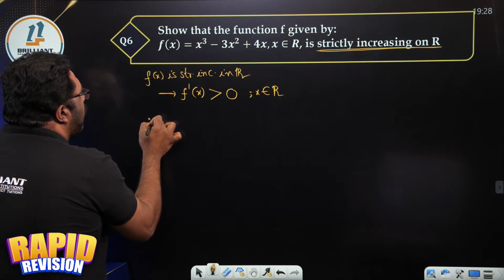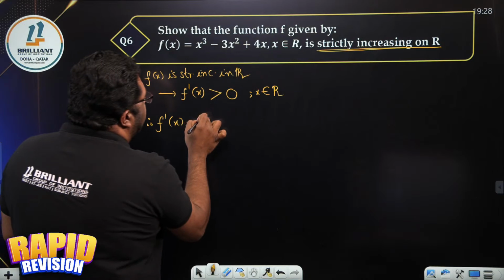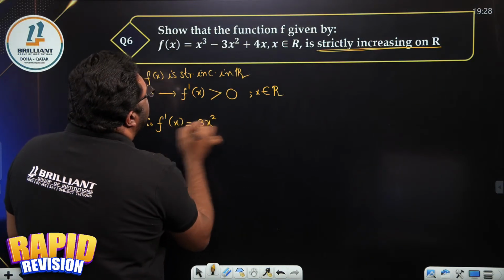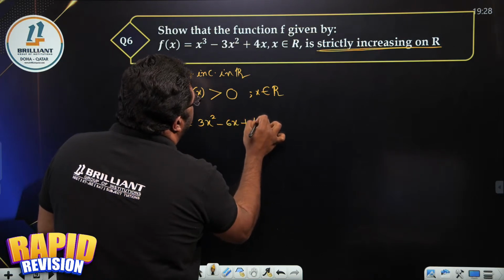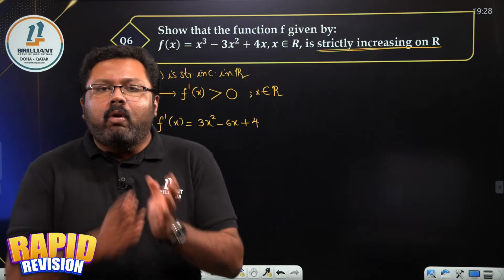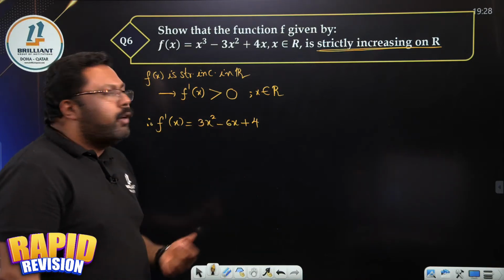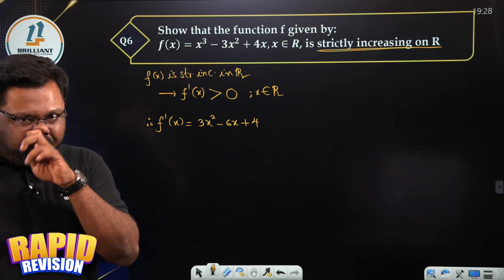Okay, therefore, what is f dash of x? Derivative, please. 3x squared minus 6x plus 4. This is f dash of x. How do I show that this particular function is strictly greater than 0?